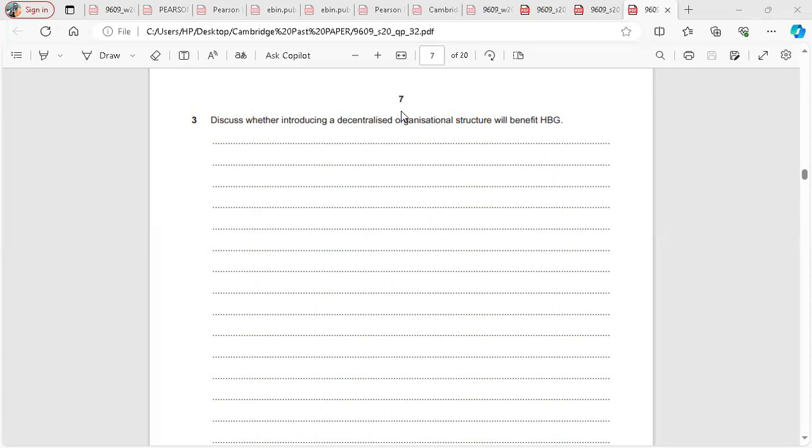It's always the top managers making decisions. But when you decentralize, it allows middle level managers to make decisions that normally are supposed to be made by the top managers. So that means you are empowering them, and that improves their management skills in terms of decision making. That's the first point there.